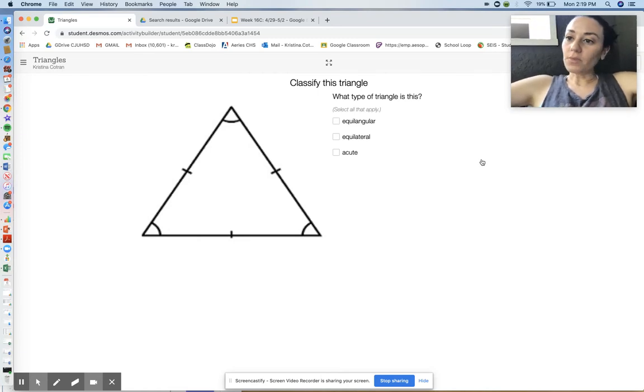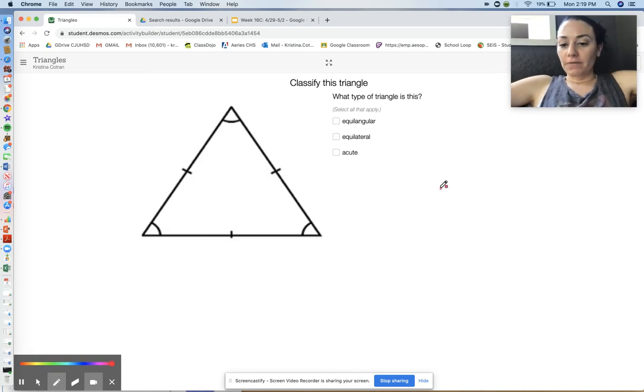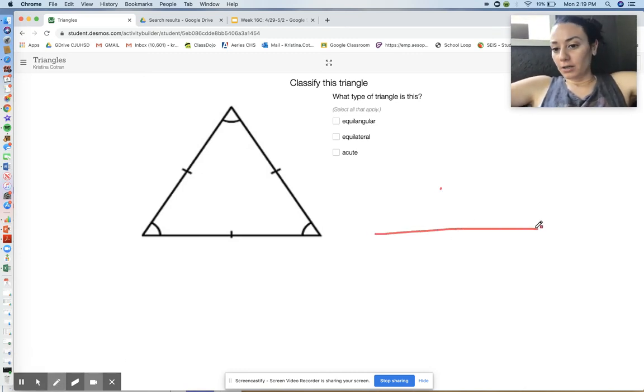One thing I did not mention is how many degrees a triangle makes. If you think about a line, a line is 180 degrees.